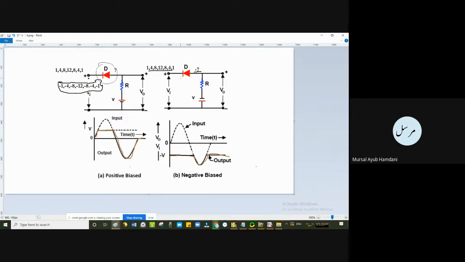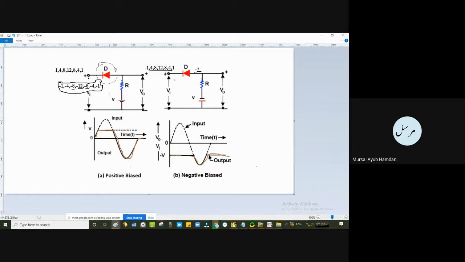When it is more negative than minus 7. If it takes values of -8, -12, some instantaneous values, only in these cases will this diode on the right hand side be forward biased, and only at these values will the output follow the input. Rest, if it is -1, -4, then again we have open circuit, that is it is reverse biased, and accordingly we'll have just -7 coming at the output.